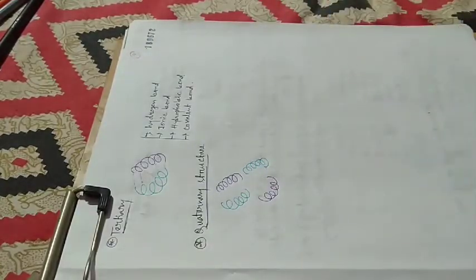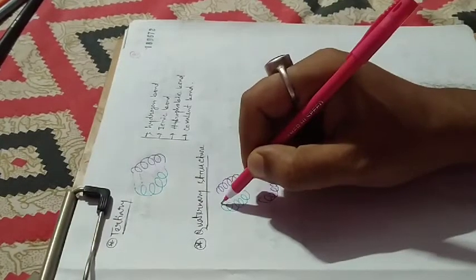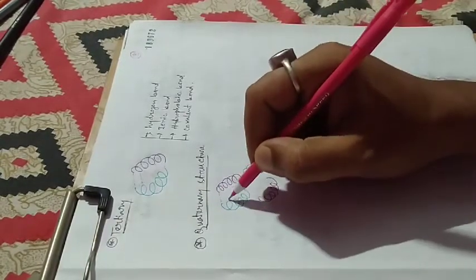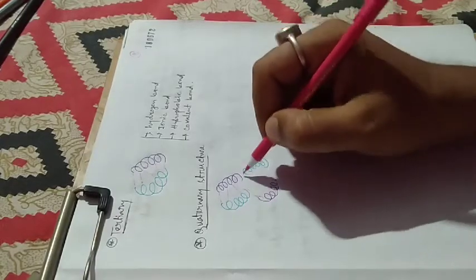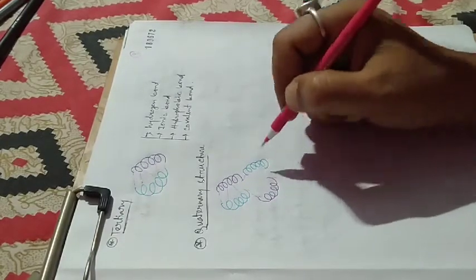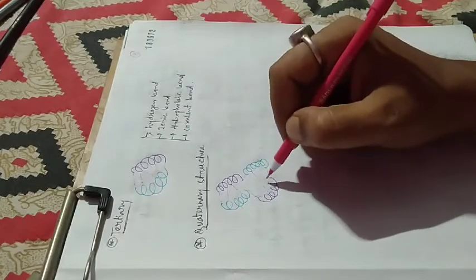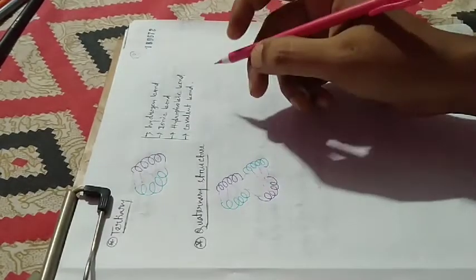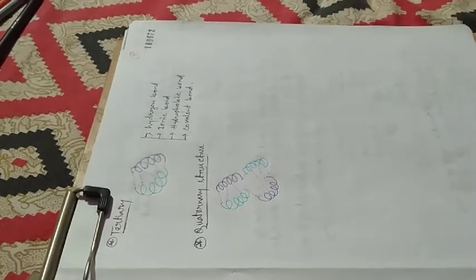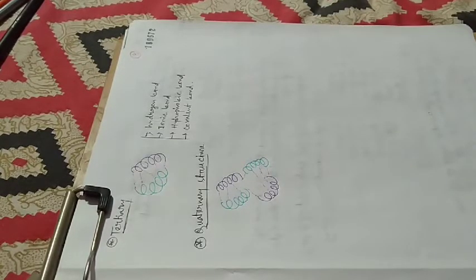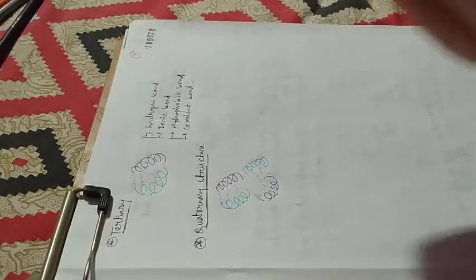Those peptide chains are attached by different kinds of bond to form a specific protein. Here covalent bonds and peptide bonds do not occur. Other bonds will form. Okay.